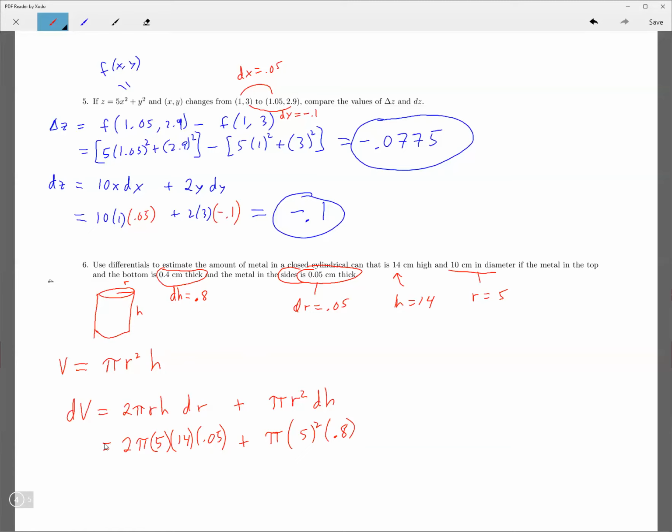Okay, so you just have to plug all that into a calculator. You got it already? What'd you get? 34.56. Okay, 34.56. Whoa, that's an interesting number.